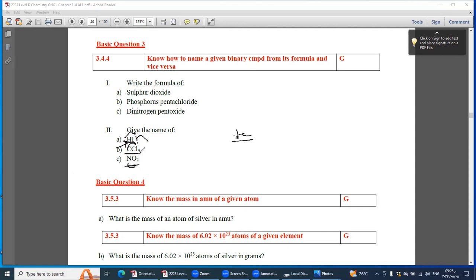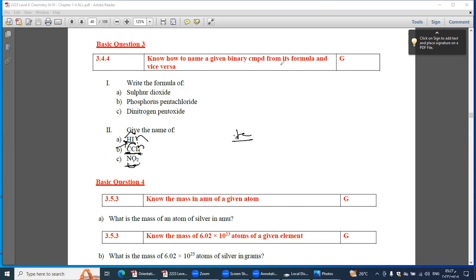If we have any number, you write the element, then the number of the second element, then "ide". So carbon tetrachloride, nitrogen dioxide.